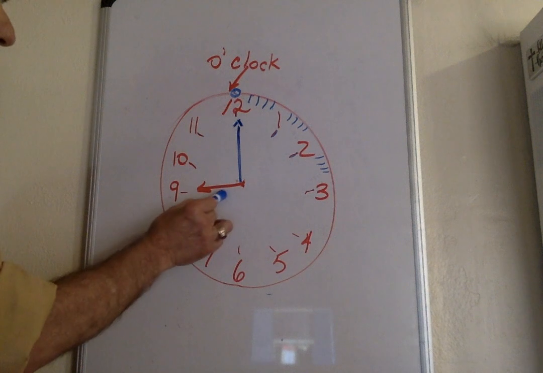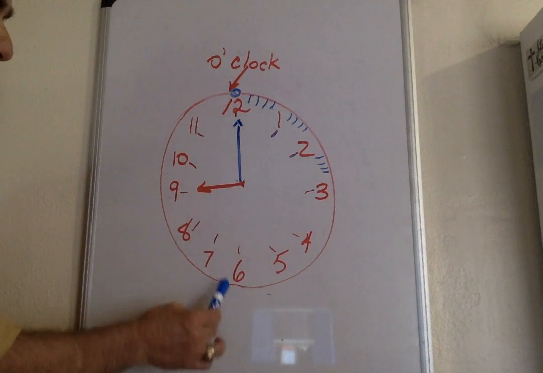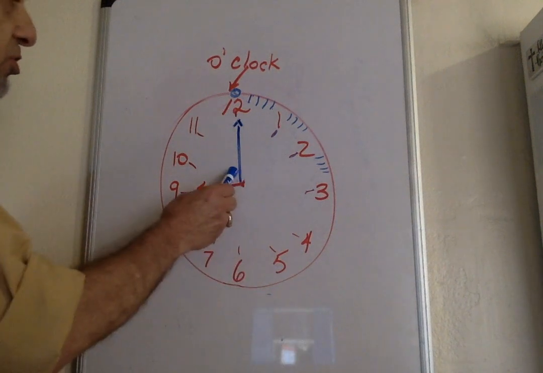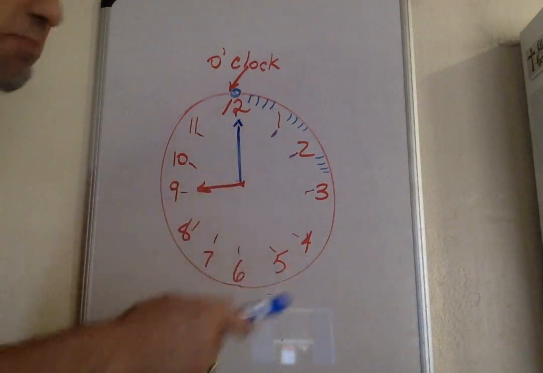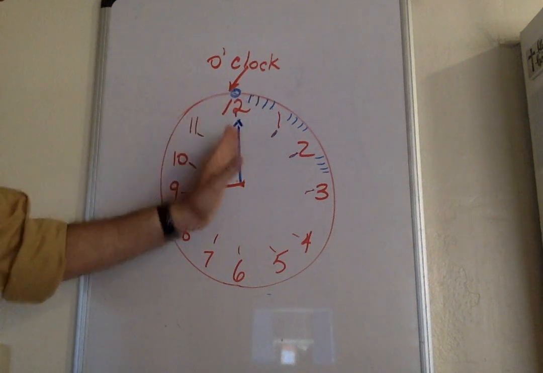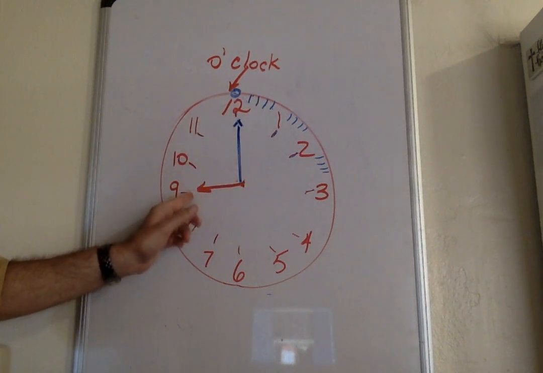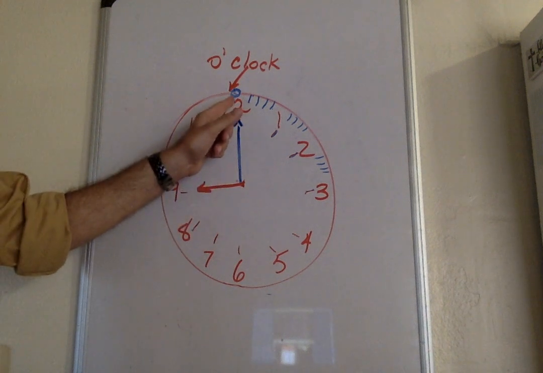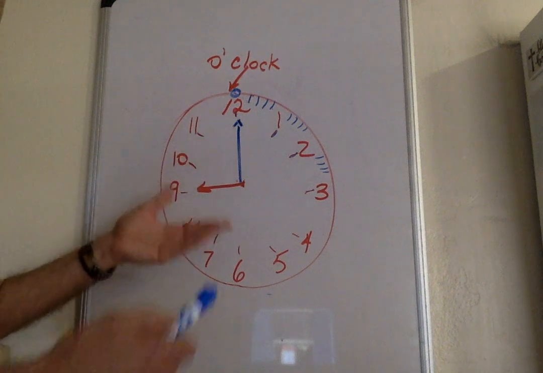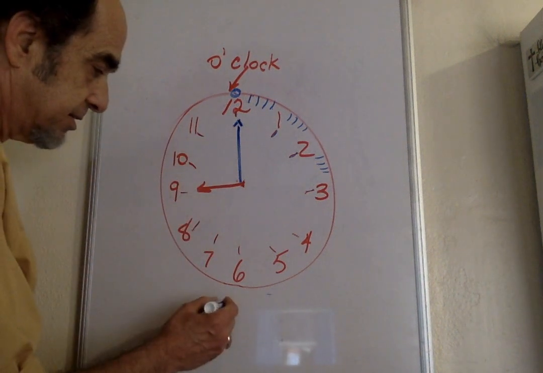So if this hand points at 9, it means it's 9 something. This is the one, the big one, that tells us how many minutes past the 12 it is. So if we got the small hand here, the large hand's on the 12, which represents 0 minutes, we say it's 9 o'clock. And again, we write it like this.